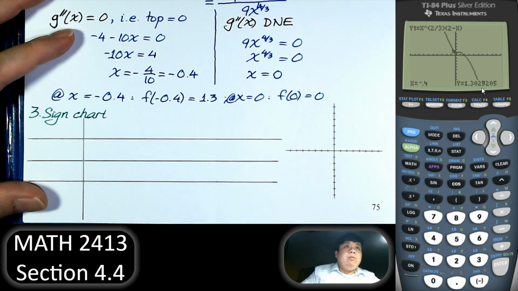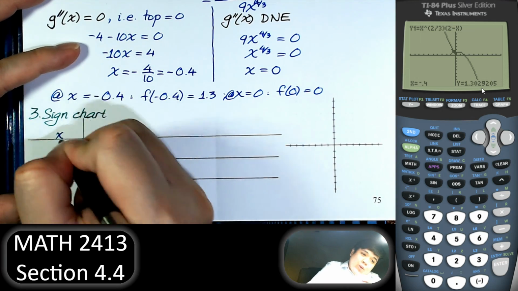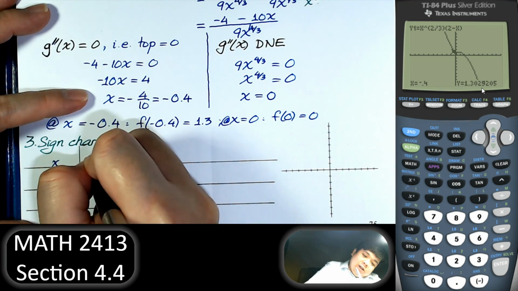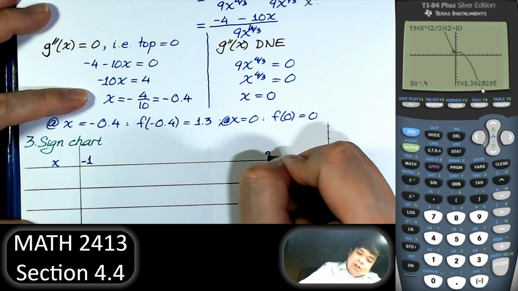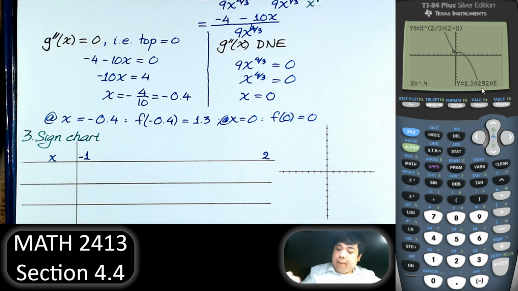In this form, we already go from negative 1 to 2, so we're not going to put the whole number line there.